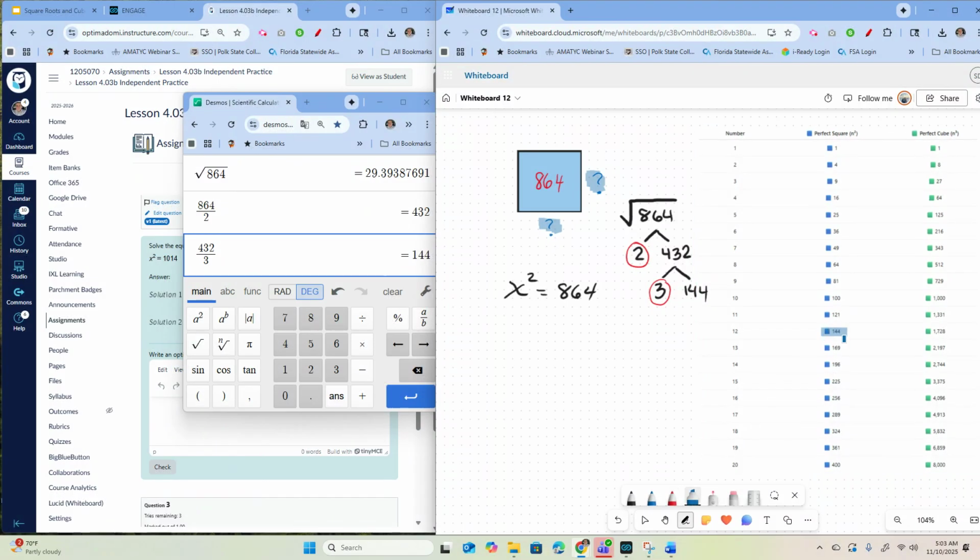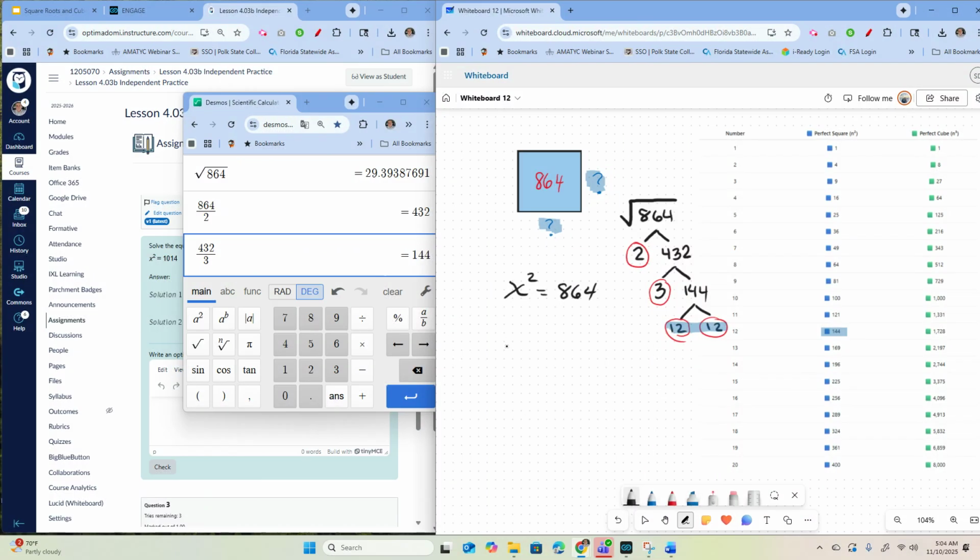You can see I highlighted it, and the number we're going to be using is 12. So this is 12 times 12, and I'm going to stop here because when I'm doing square roots, I'm looking for a number that is repeated twice, and 12 here is repeated twice.